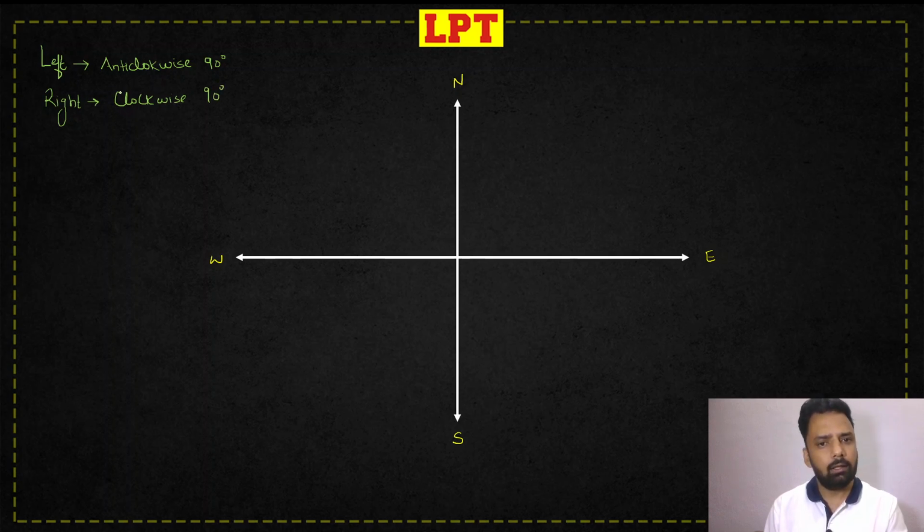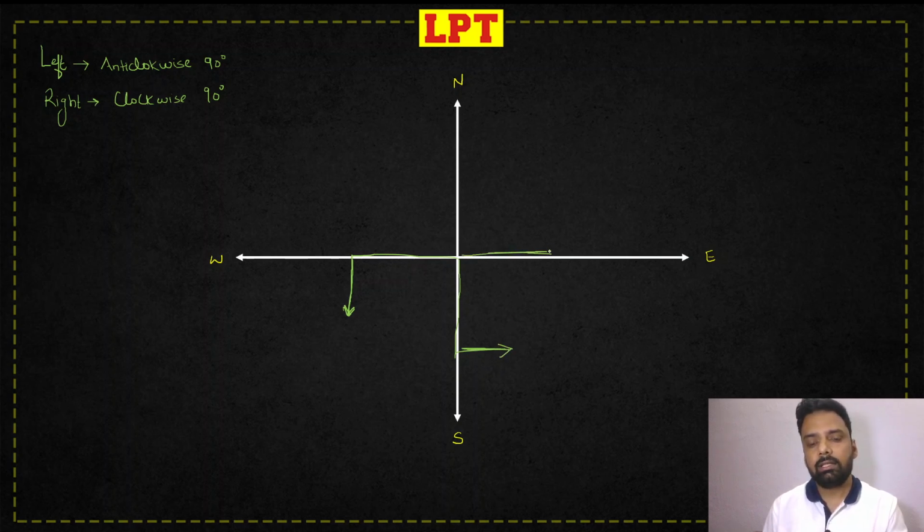Suppose you are traveling towards east, or west, and I say turn left. Immediately in your mind, you know that I have to turn 90 degree anti-clockwise. Left means 90 degree anti-clockwise. If I am traveling towards south and I want to turn left, 90 degree anti-clockwise. This will be my direction.